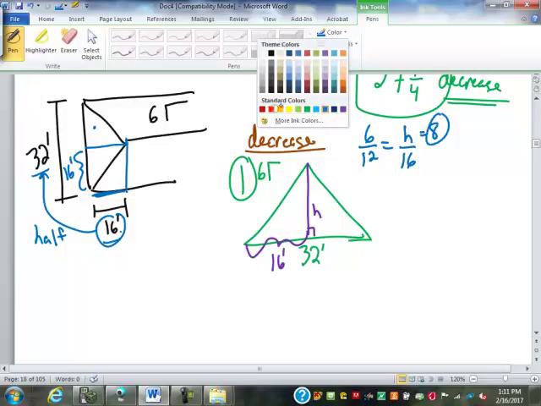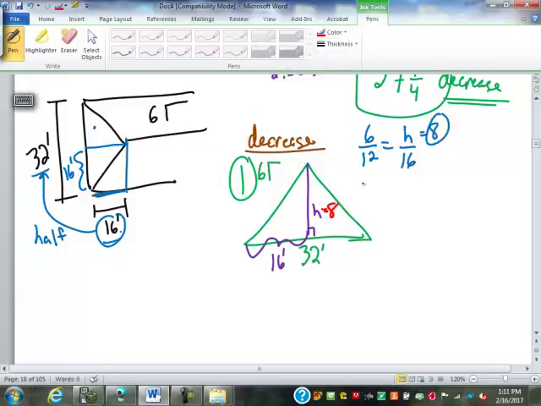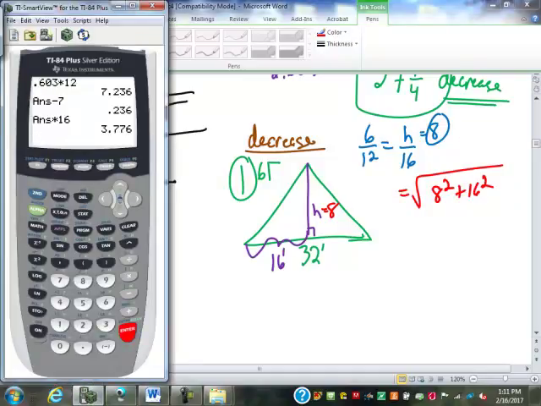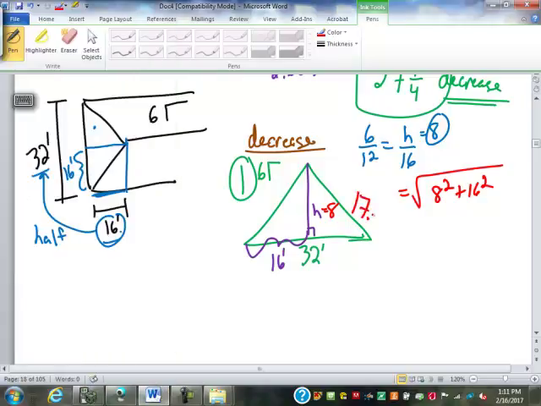See that h is 8. Then what? So square root of 8 squared plus 16 squared. 17.889. 889 is what it rounds to. We're going to leave it as that for now.